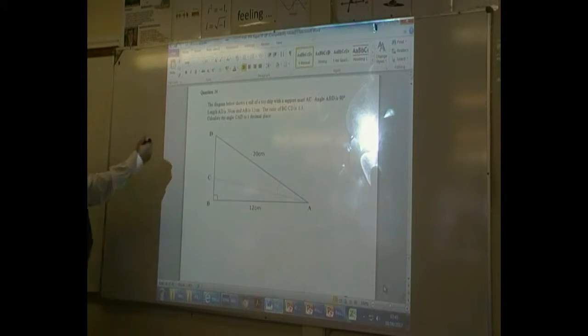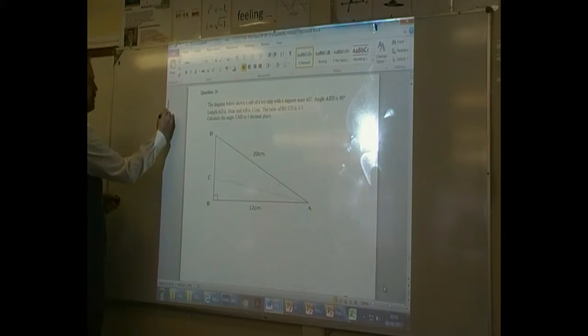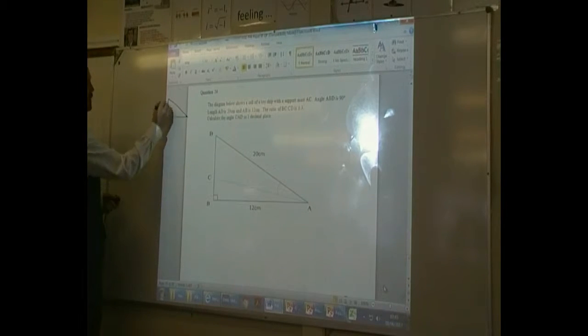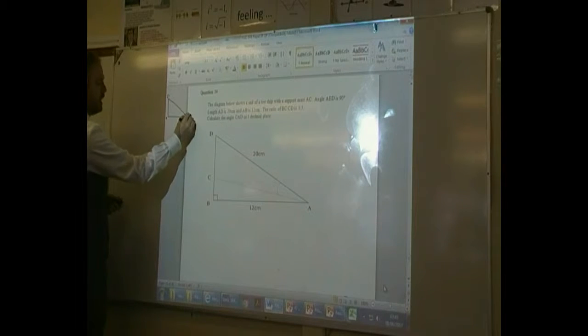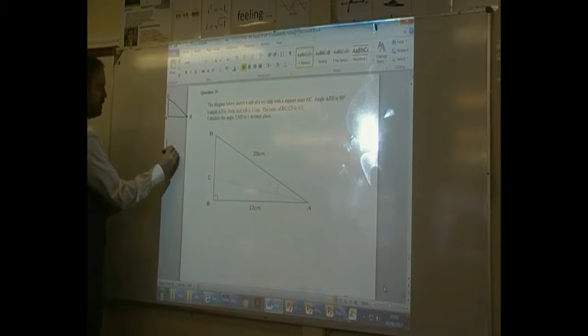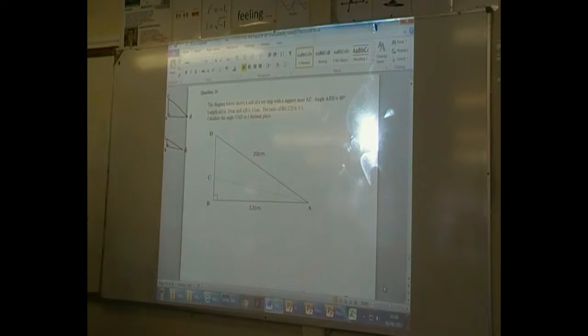Okay, if you imagine we've got our first triangle, which is the whole thing together, and that is BDA, and then you've got the smaller one which overlaps it, and that is BCA. Okay, and they are both going to be right angled.